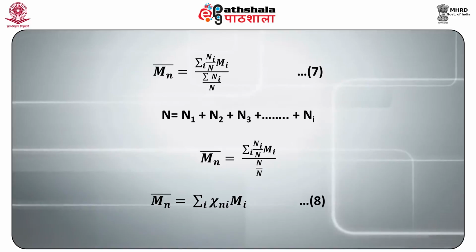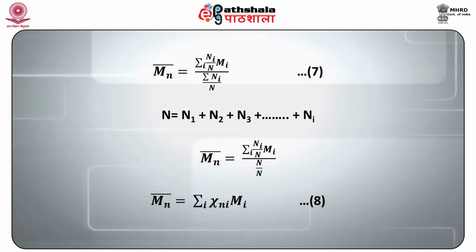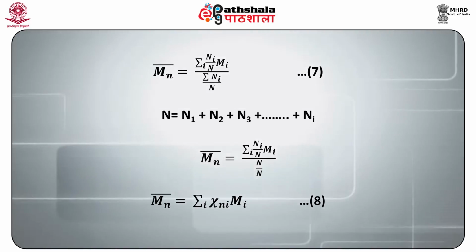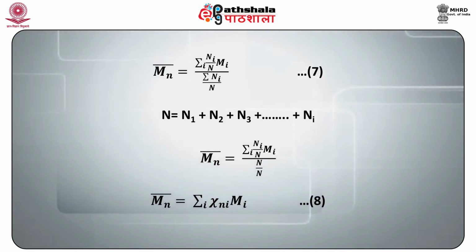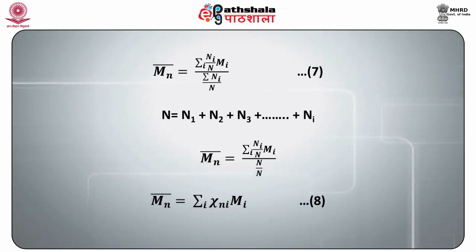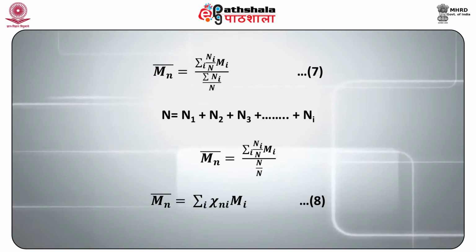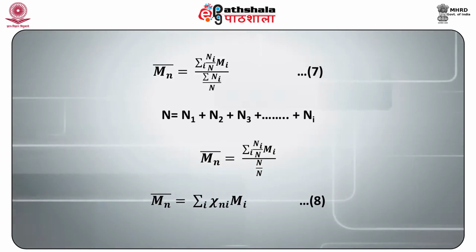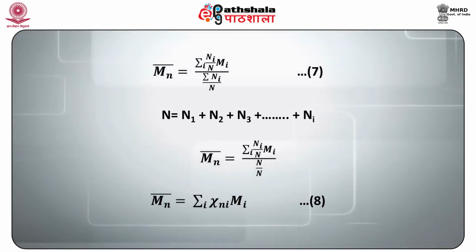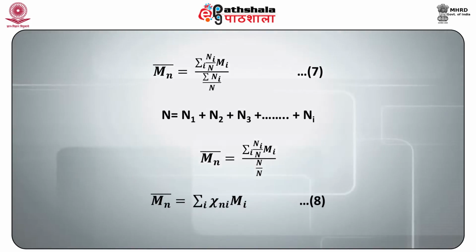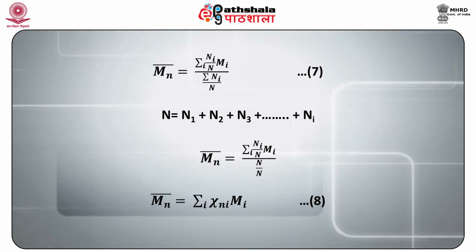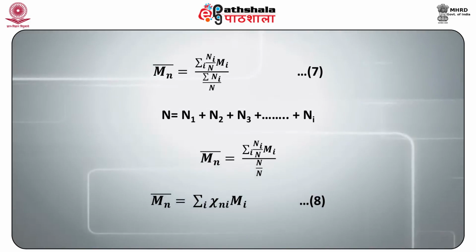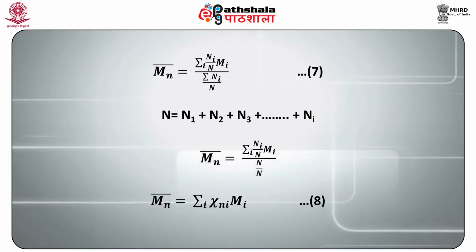in the sample. N is equal to N1 plus N2 plus N3 up till Ni. Therefore, Mn bar is equal to summation Ni by N into Mi divided by N, which can be written as Mn bar equals summation chi Ni into Mi as our equation 8, where chi Ni is the number fraction.